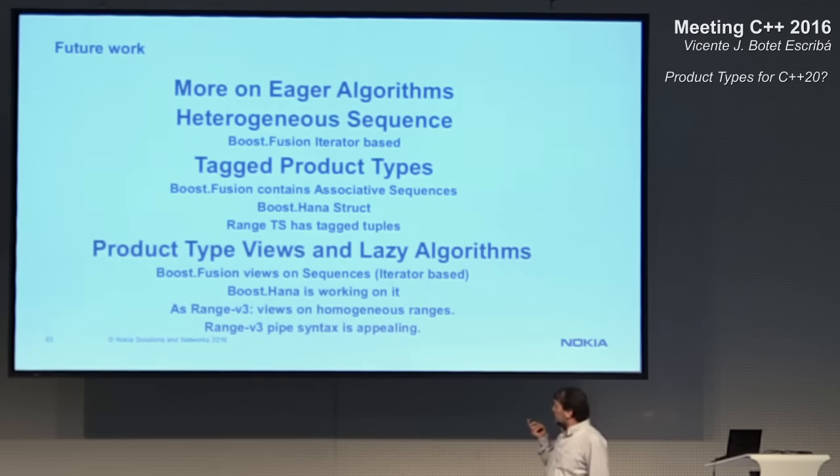And this is something that is done for ranges and Boost Fusion. We have views on sequences. And this is needed because when we are constructing new product types, we don't want to copy them. We want to do that in a lazy way, so that we can perform better. Then I believe that Louis has started working on that for Boost Hana, and I believe that all these things are useful for any one of us, and why not have them in the standard.